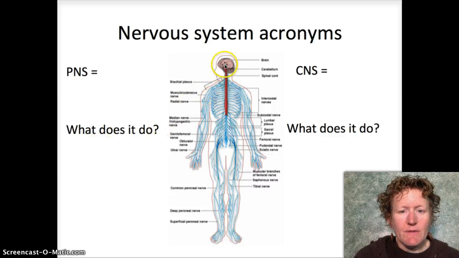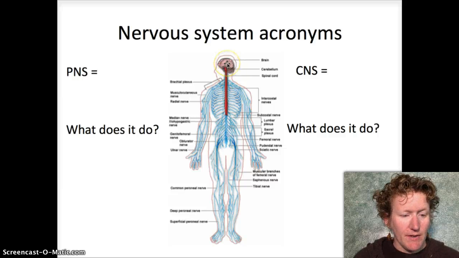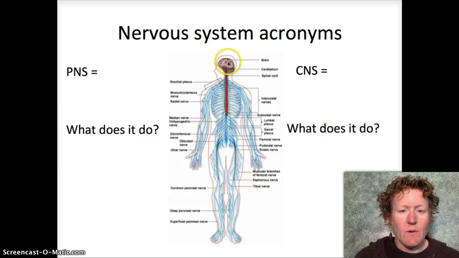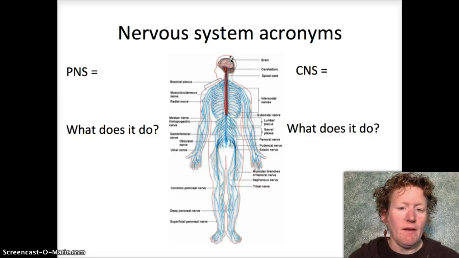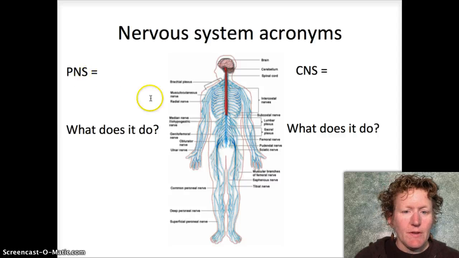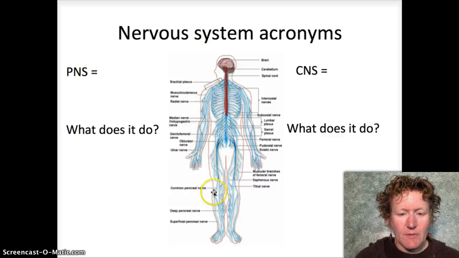So the central nervous system, right here, which of course has lots of neurons in it, your brain is full of neurons, is connected to the spinal cord, and this is the central nervous system, brain and spinal cord. It tells everybody else, all the other neurons, what to do. The peripheral nervous system is all the blue stuff.